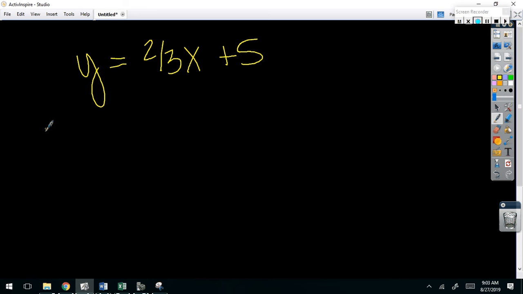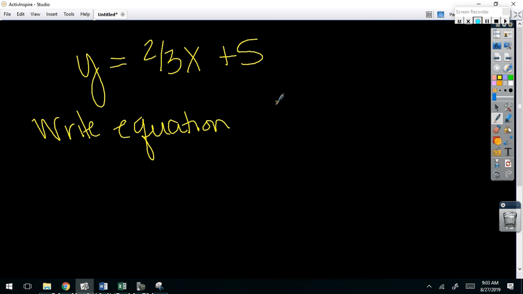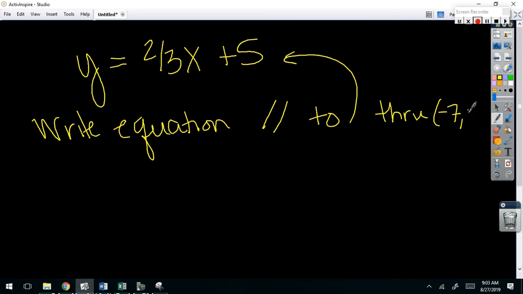And I want you to write the equation of the line that is parallel, these signs mean parallel, to this line, and it goes through a point. Jerome, give me a point. 3, 7. You're cut off from naming points. You name them too easy. Negative 7, 2. I'm glad he put a negative in there because we're going to have to adjust the sign.